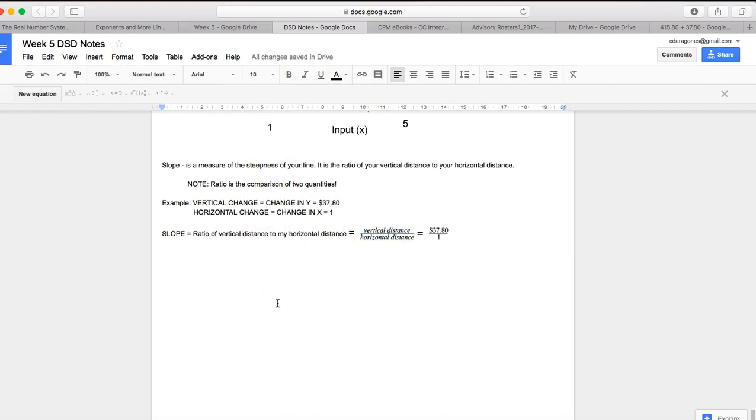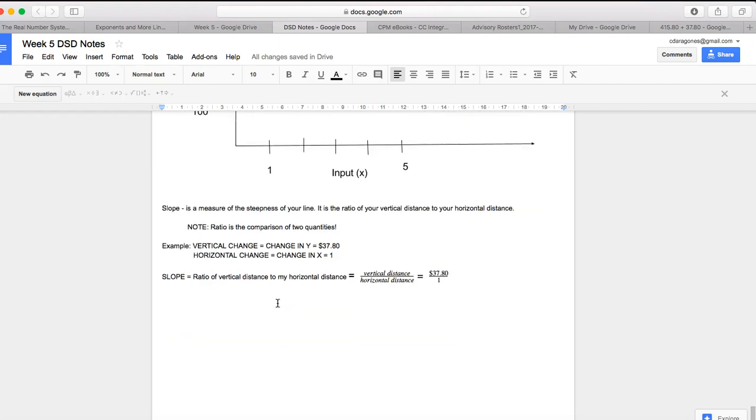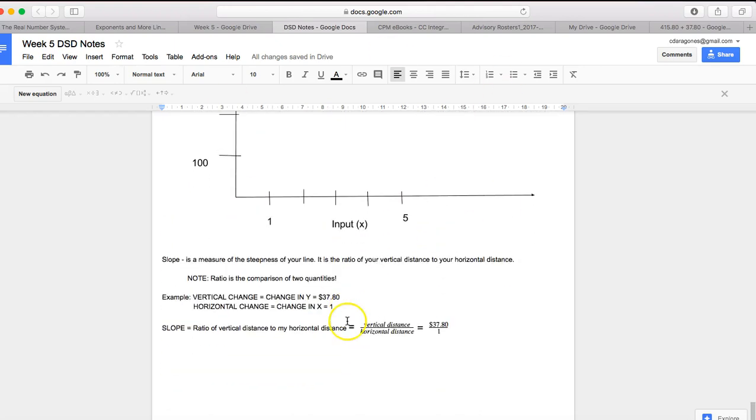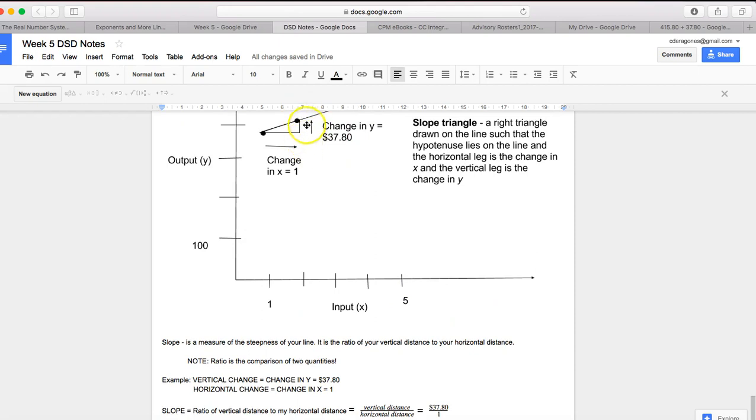Okay, so I'm going to pause the video here and let you write all of this down, and then we'll talk about what this actually means. So I have a ratio, I have some numbers, but what does this mean? What does this represent? So go ahead, pause the video here, write all these notes down. For your graph, okay, this is for my graph. My graph is changing $37.80 and over what?